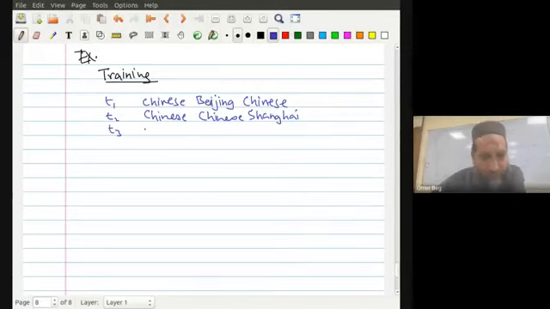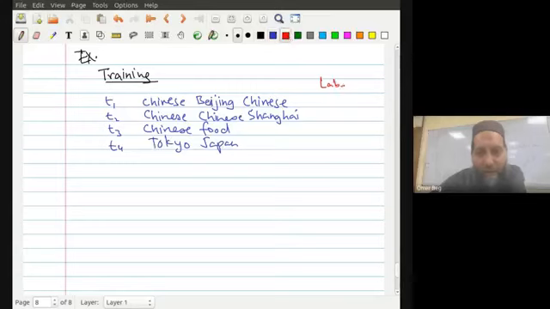In text 3, you have Chinese, Macao. In text 4, you have Tokyo, Japan. Okay? And they're labeled. So the labels are here. It says this is a Chinese thing, Chinese thing, Chinese thing, and Japanese thing.